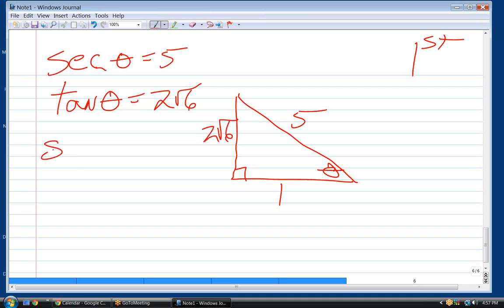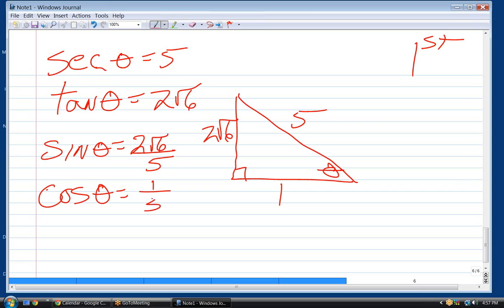Okay, so now what is sine of theta? Sine would be 2 square root of 6 over 5. What's cosine? 1 over 5. What's cotangent?